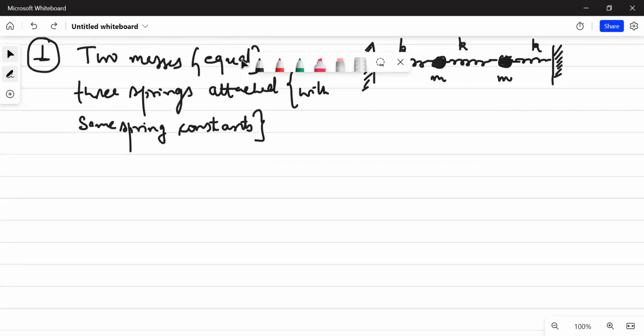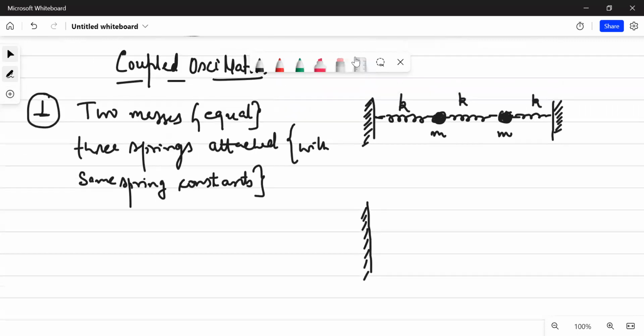In order to execute this, whenever we have to study an oscillation, we slightly displace the mass from its equilibrium position.